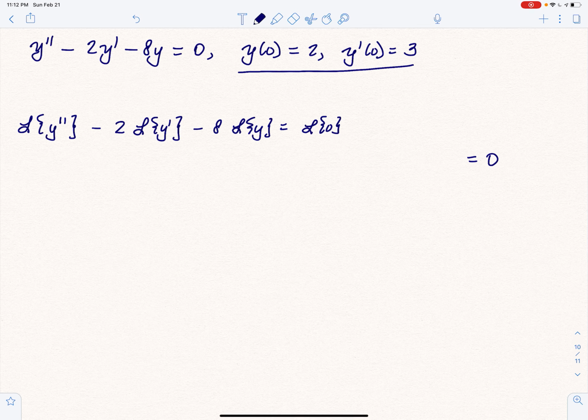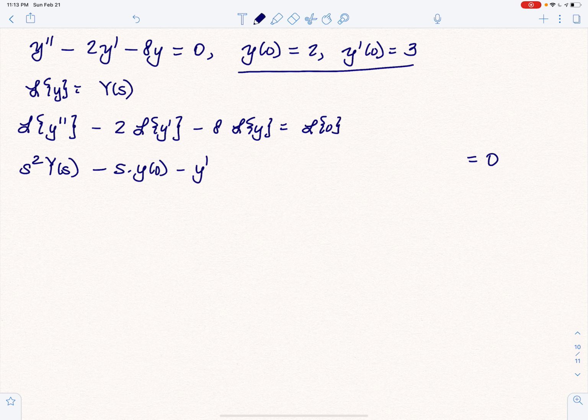Now we're going to make a notation here. We're going to say that the Laplace transform of y is equal to big Y of s. So the Laplace transform of y double prime is s squared Y of s minus s times y at 0 minus y prime at 0. This is all the Laplace transform of y double prime.